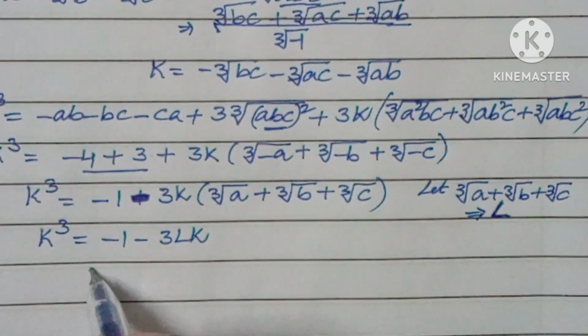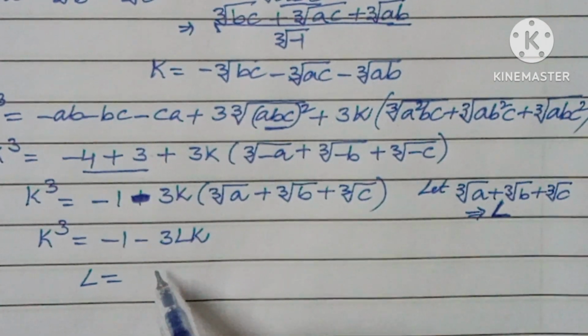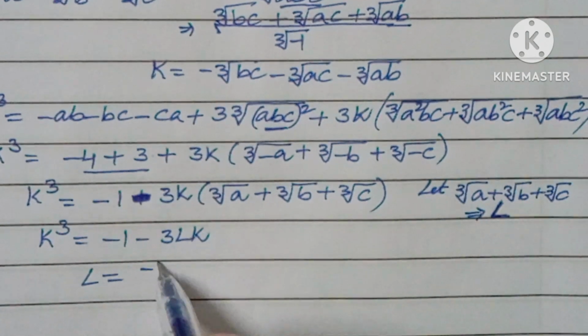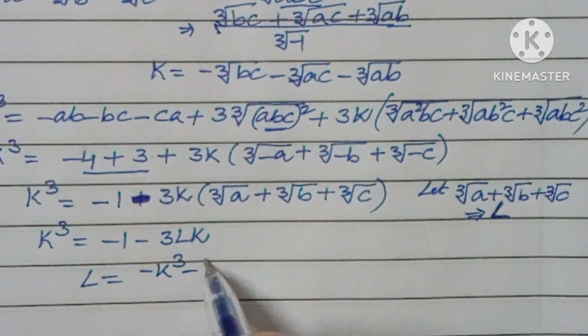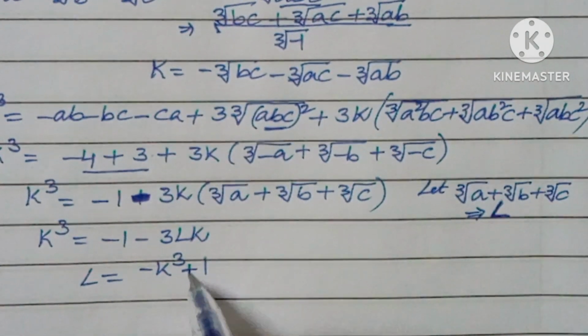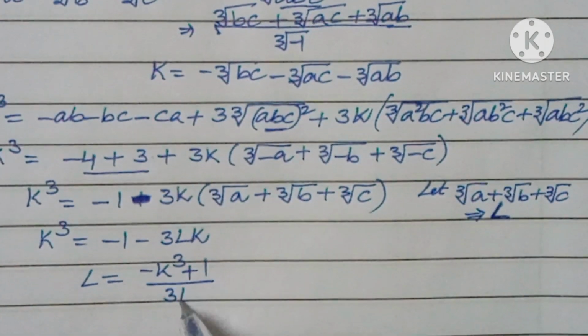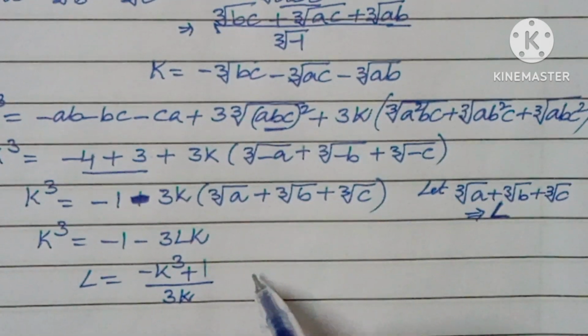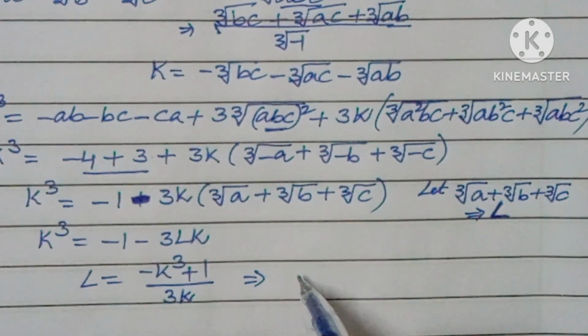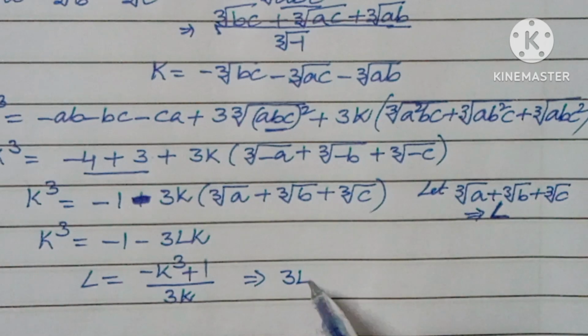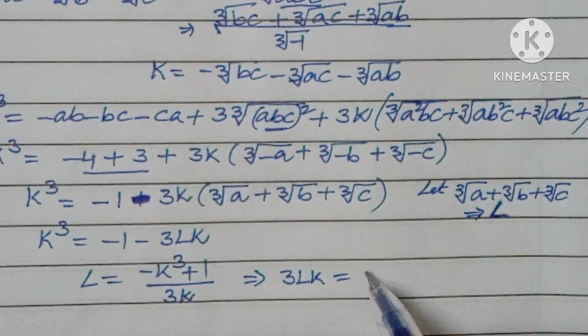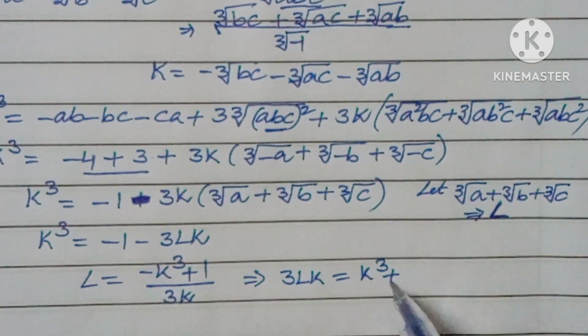So here L value is equal to minus K cube minus 1 plus 1 by 3K. That implies 3LK is equal to K cube plus 1.